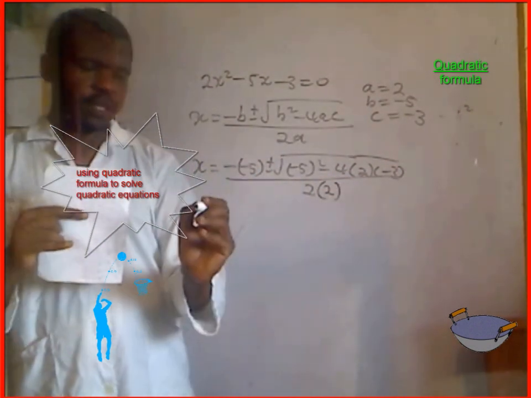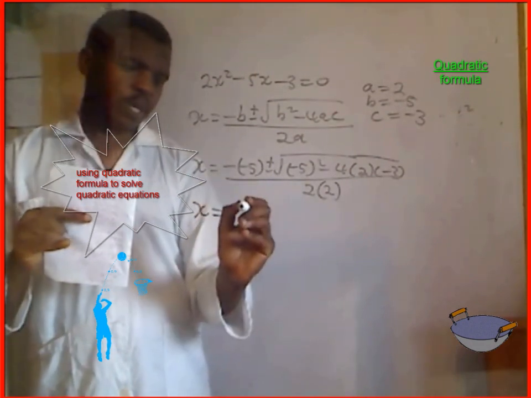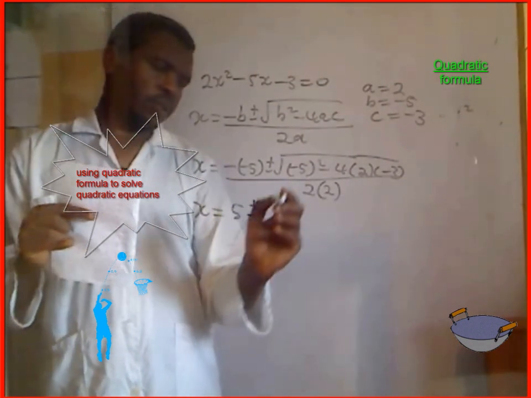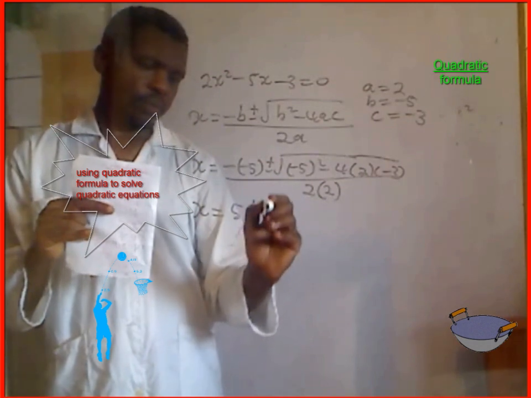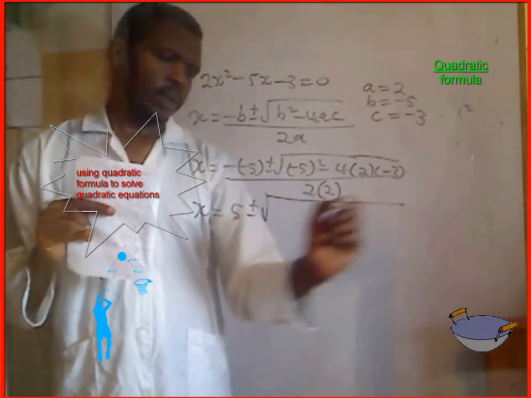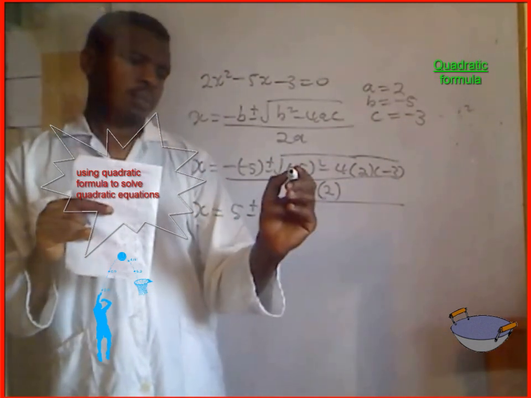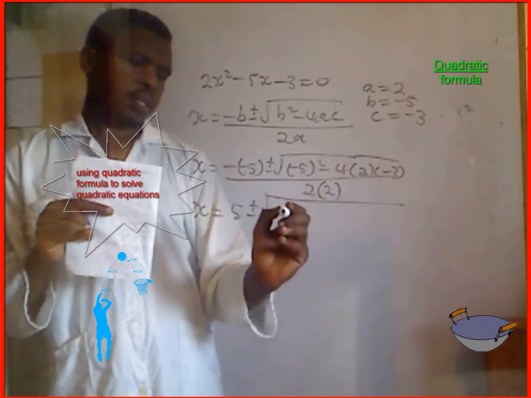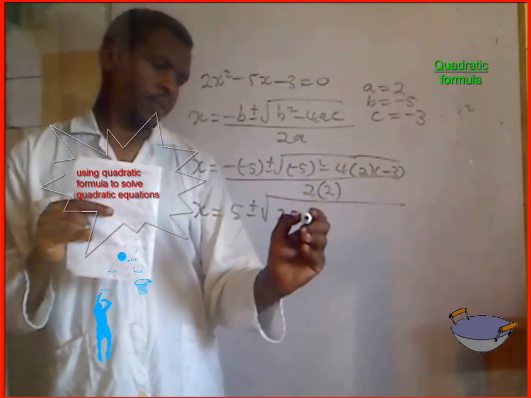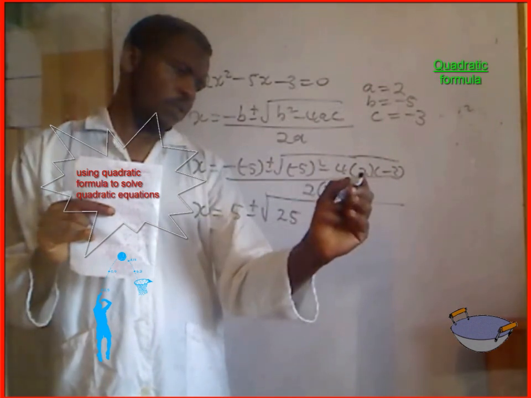Let's simplify this. So x there will be equals to 5 plus or minus the square root of minus 5 square is 25, minus 4 times 2 times minus 3.